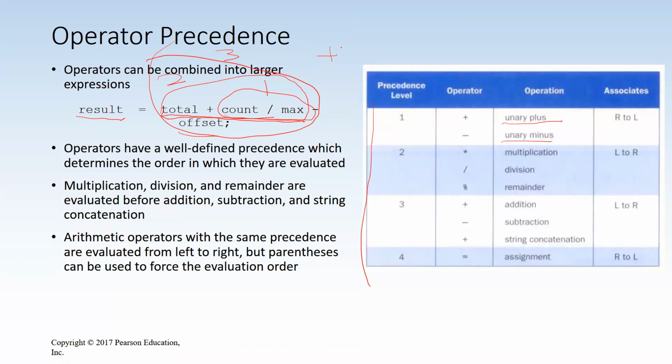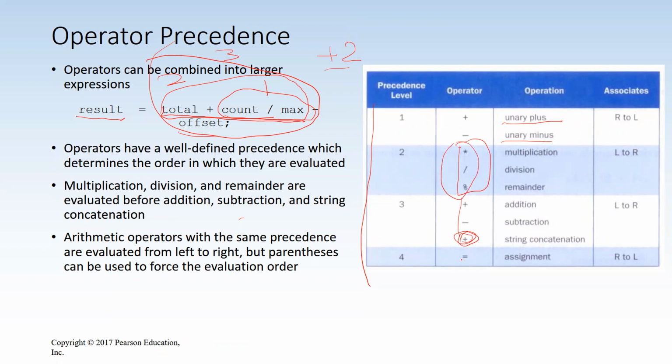That's not the negative or positive sign, it's the single unary plus or unary minus, and we will look at that later. So this comes first, they always come first. And then string concatenation always comes after these.